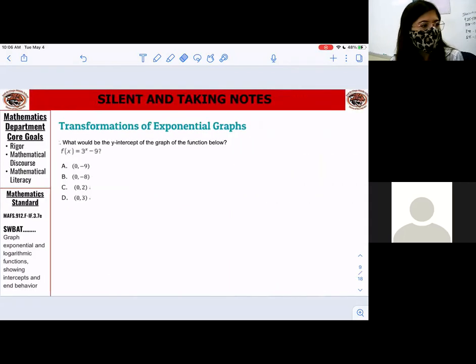Okay, so we kind of just talked about this a little bit. So I want to see how much you guys can figure this one out on your own. What would be the y-intercept of the graph of the function below? F of x equals 3 to the power of x minus 9. Think about it for about 30 seconds.